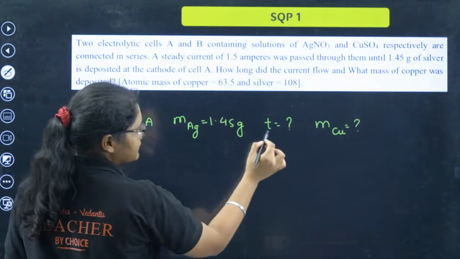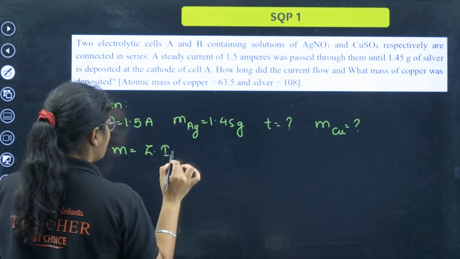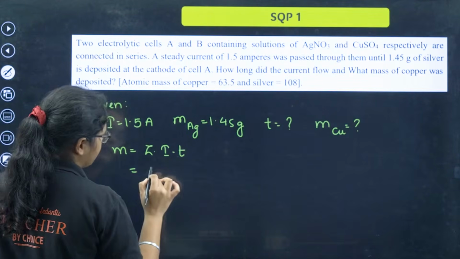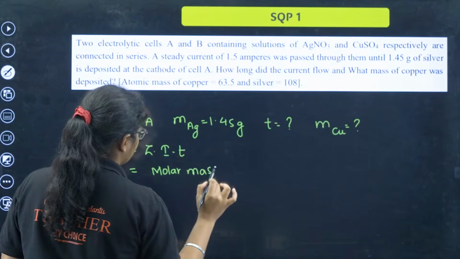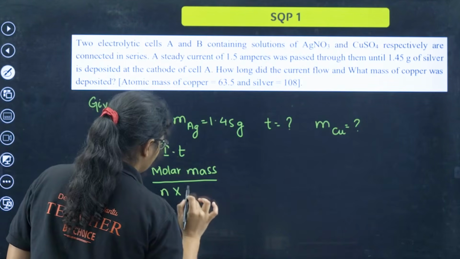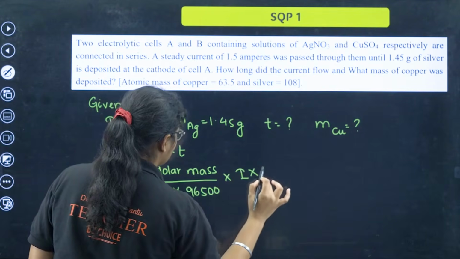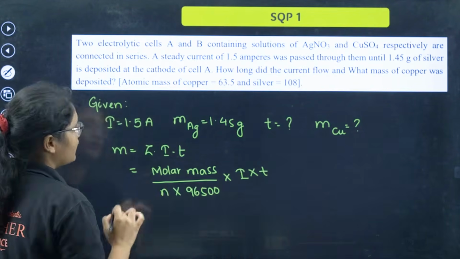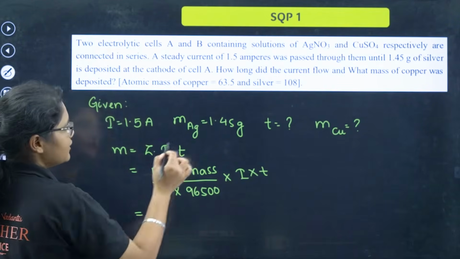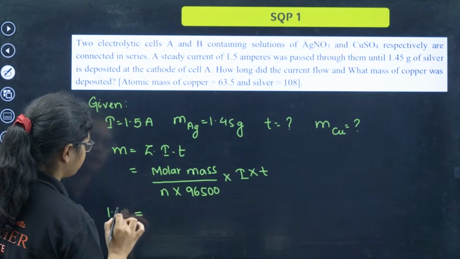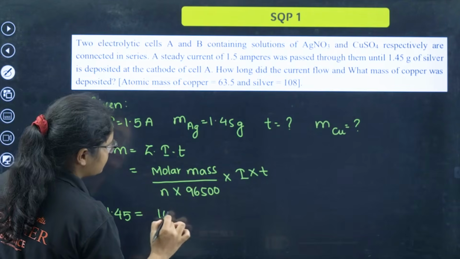So first let us find this time. For time I have this formula, m is equal to Z into I into t, where Z can be written as molar mass divided by n into 96500, into I into t, right? We are calculating with the silver deposited, which is 1.45 gram, so I substitute 1.45, and the molar mass is 108.